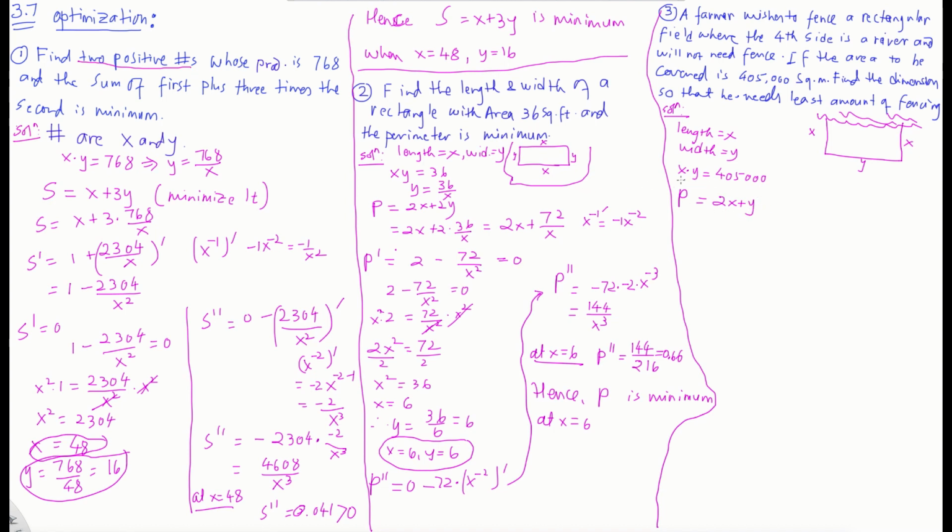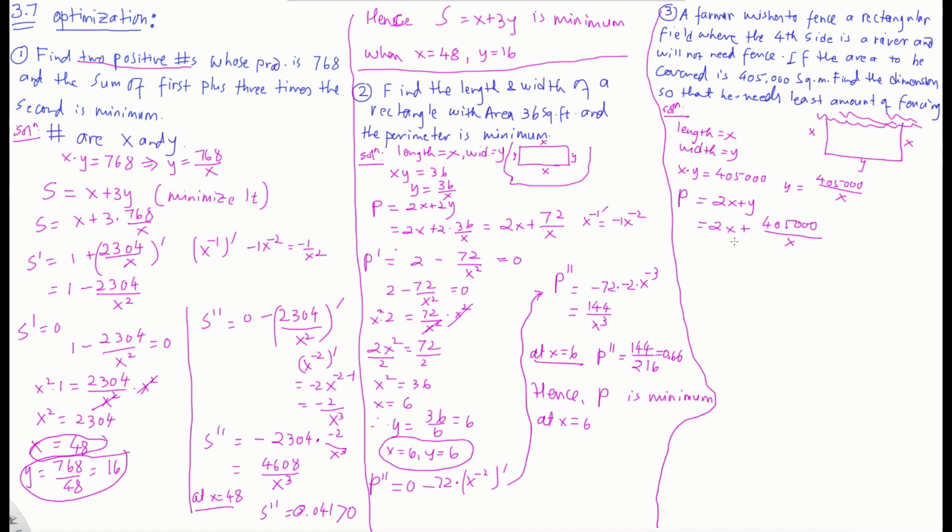As before, you solve the first one, you get y equals 405,000 divided by x, right? So you plug in there: 2x plus 405,000 divided by x.